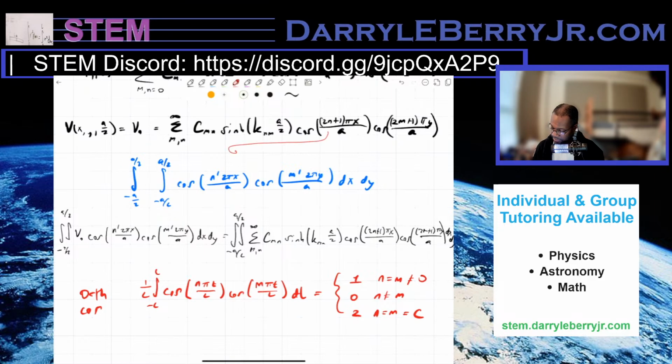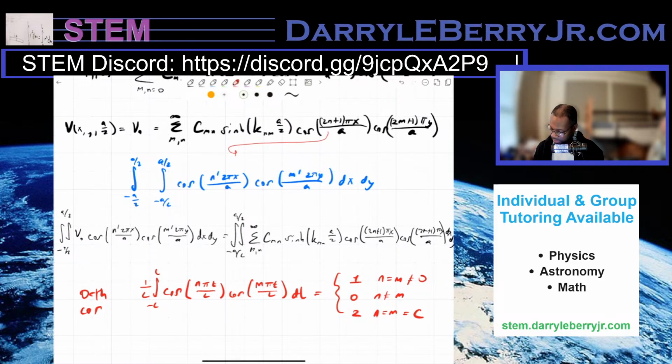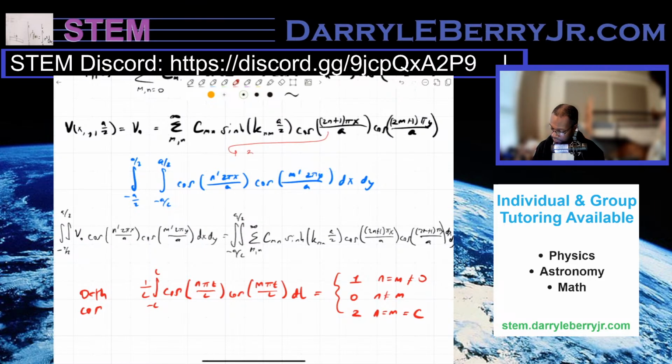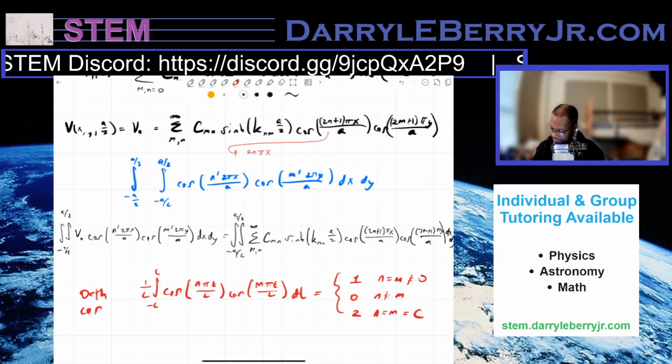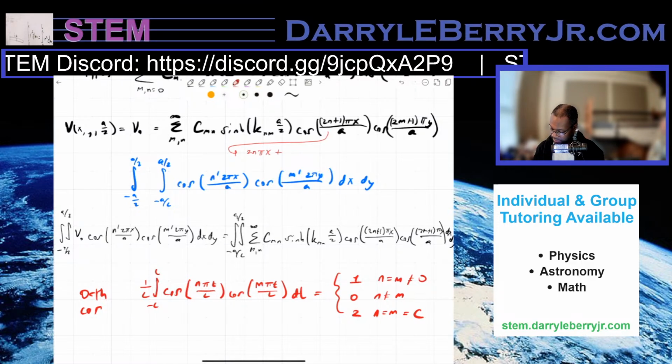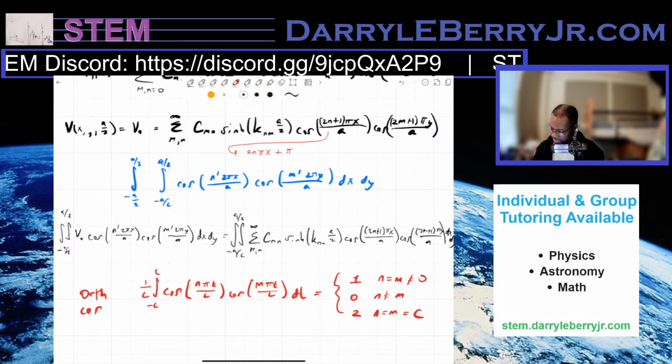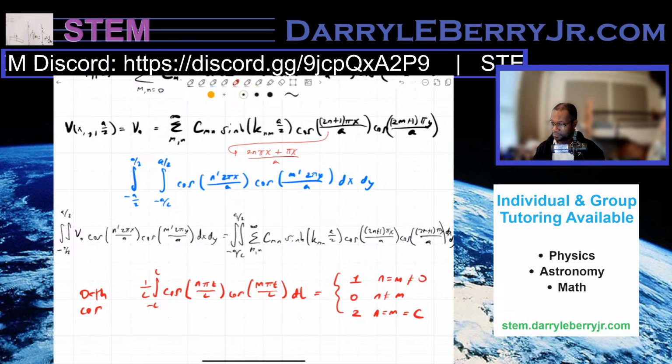What we did here was, this will be 2n pi x plus pi x over a.